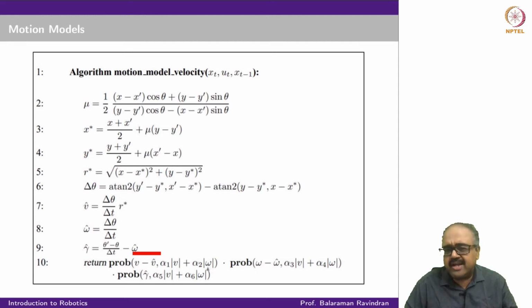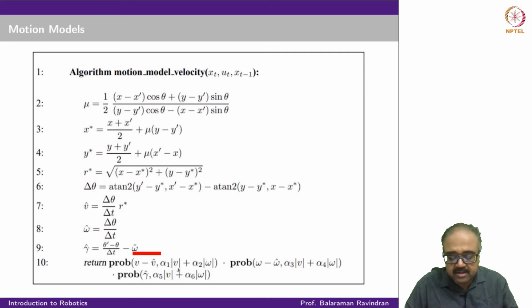As you would expect, naturally if you are moving very fast, you will have a higher error, whether in the angular direction or in the translational direction. Whichever component of the velocity it is, the faster you are, the more the error would be.